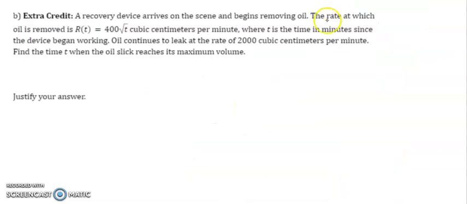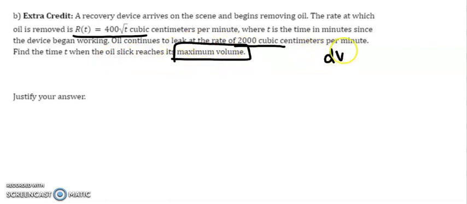All right, extra credit. The rate at which oil is being removed from this oil slick, from the scene, is given by this expression, but we still have oil that's leaking into the slick at 2,000 cubic centimeters per minute. We're looking for the time when the oil slick reaches its maximum volume. So maximum volume is going to be where the derivative is equal to 0.